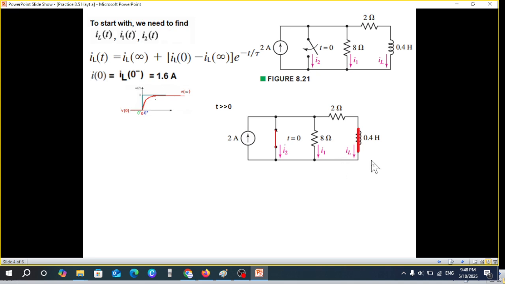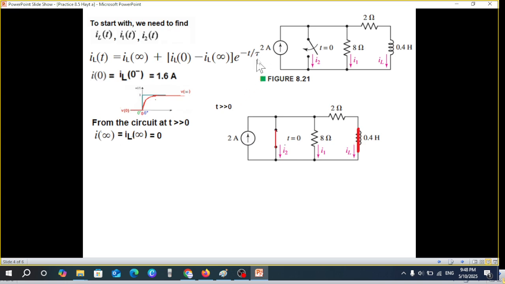And how much will that be? Let's see. 2 ampere current, all current will flow through this short circuit. No current will flow here, no current will flow through here. And therefore, we can say that I infinity will be equal to 0. So I0 and I infinity, we have found both.